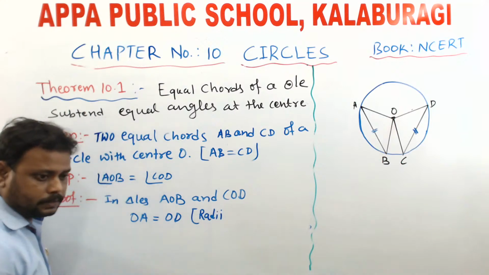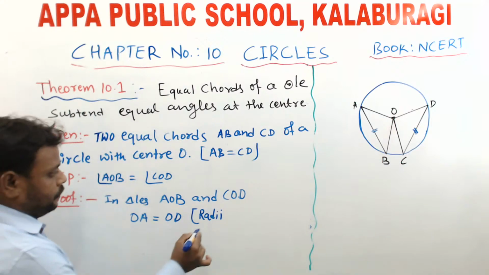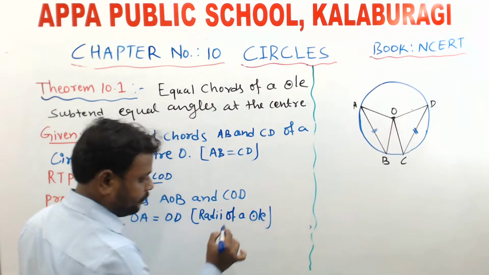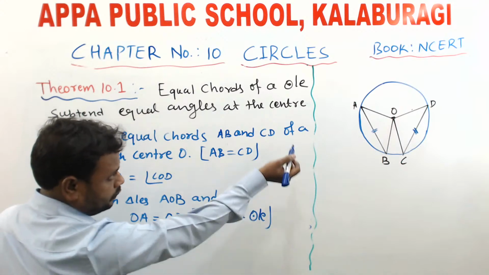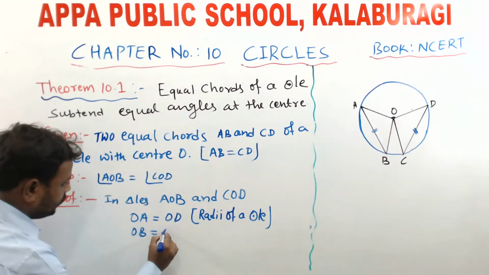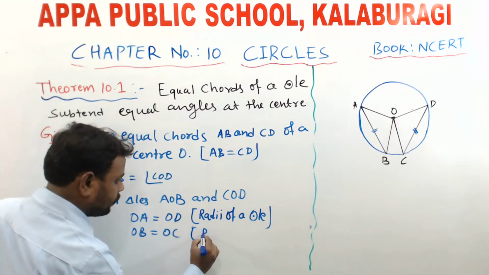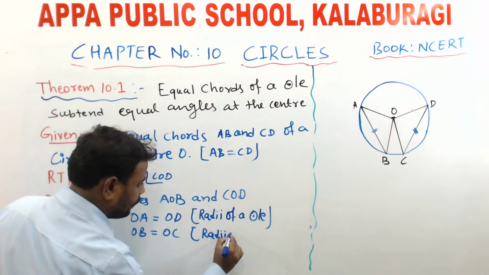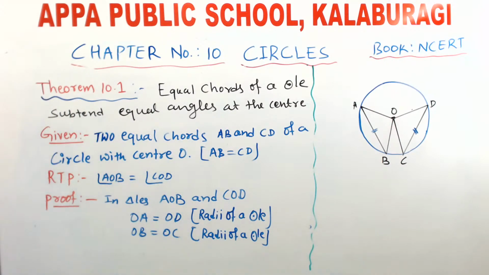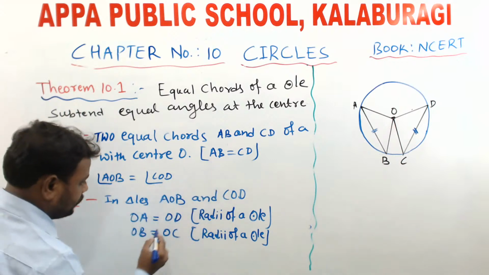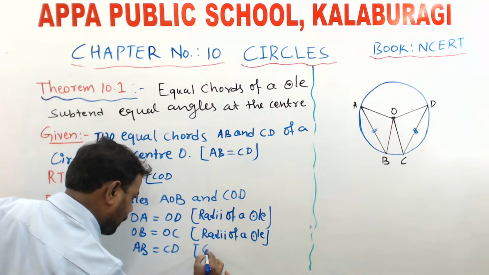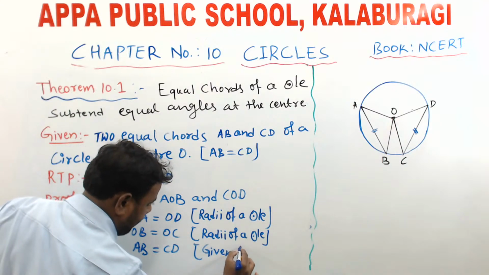Radii, yes, radius plural form is radii, of a circle. Instead of mentioning same circle, of a circle means the one circle. Next, OB is equal to OC. That is also the same. You can write it: radii of a circle. Next, what is given? AB is equal to CD. You can write it given. That's enough.